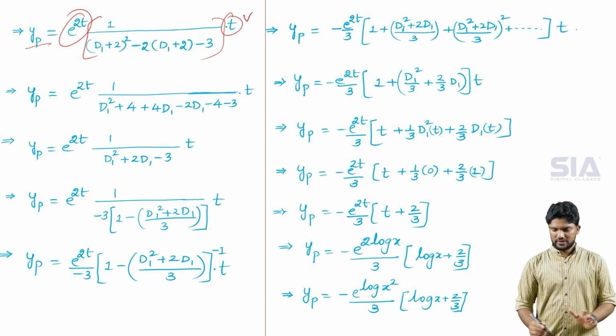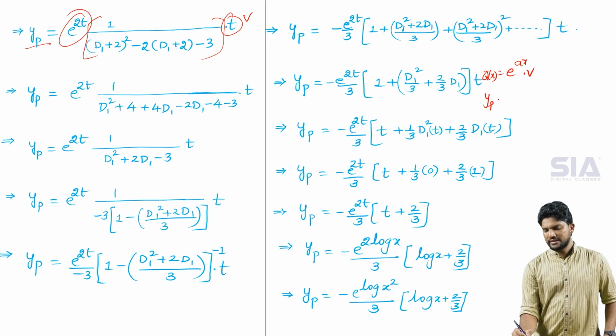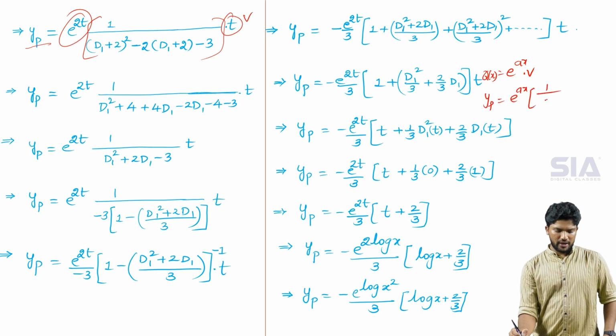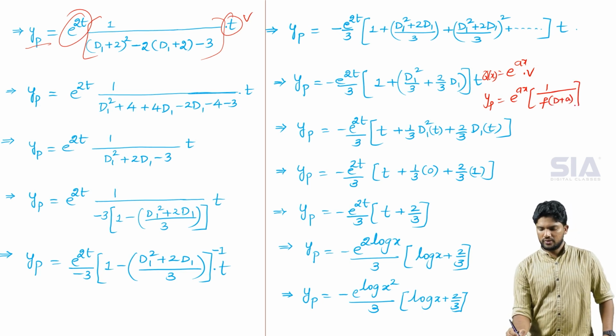Okay, so whenever you have e power ax into v function as the Q of x value in this format, then y suffix p is equal to e power ax into 1 by f of D plus a, into small v.